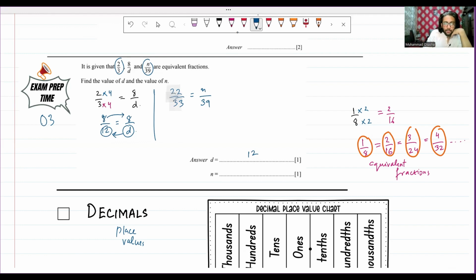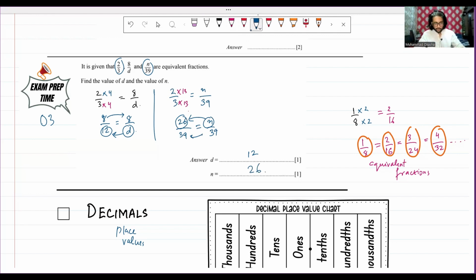I will do the same on the top as well. 2 times 13 would be 26 divided by 39 is equal to n divided by 39. So n is equal to 26.